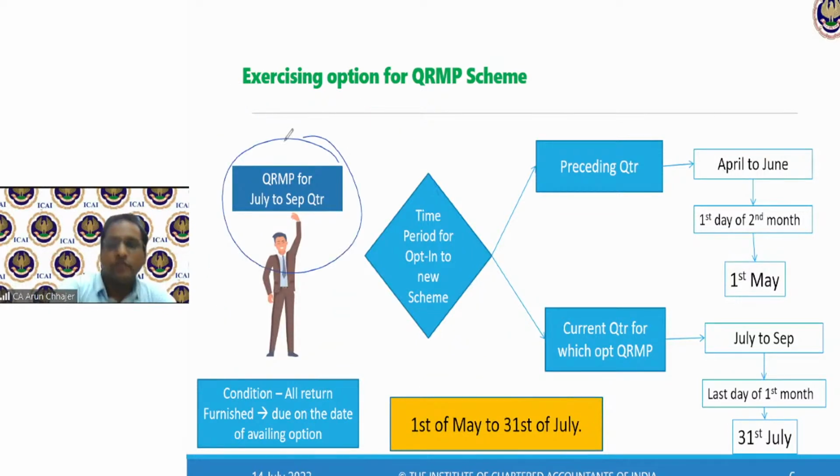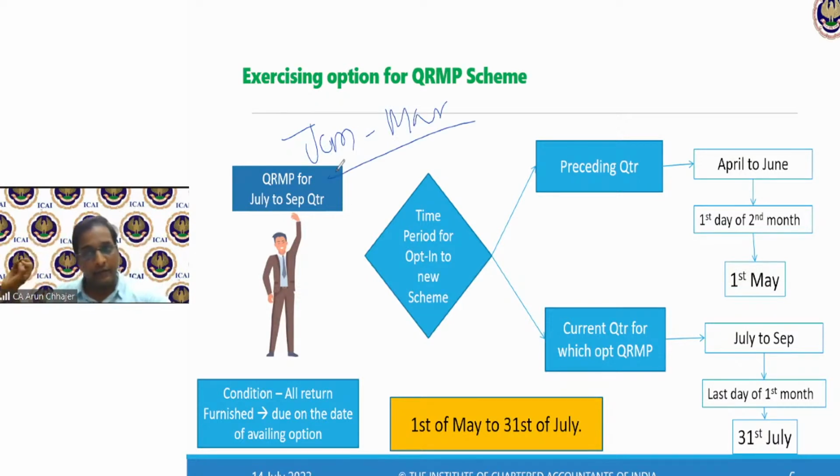So let me ask you one question. Please give the time frame. Suppose I like to go for QRMP Jan to March quarter. Till December, I am under monthly scheme. Now I like to go for QRMP.